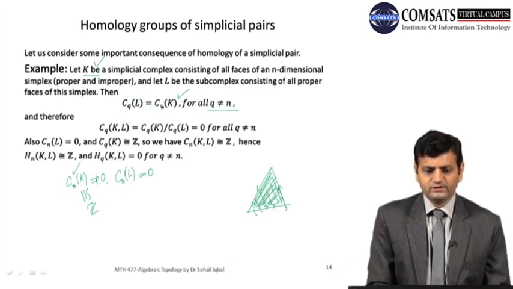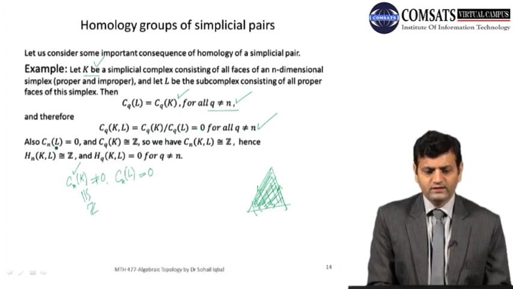Because the only difference between Cq(L) and Cq(K) is that Cq(K) contains one improper face as well, which is the simplex itself, and Cq(L) contains all the proper faces. That's why Cq(L) and Cq(K) are the same whenever q is not equal to n. Therefore we can write Cq(K,L), which is Cq(K) quotient Cq(L), is equal to 0 whenever q is not equal to n, because they are equal, so their quotient is 0.